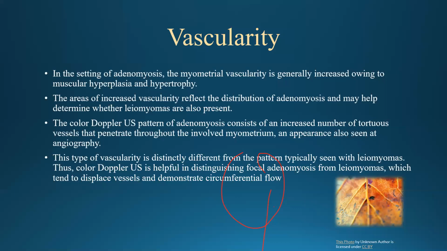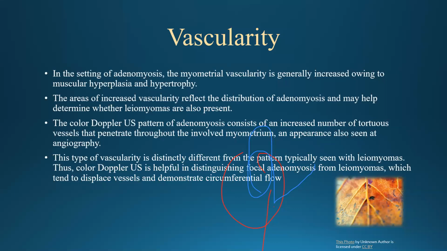It may help to determine whether leiomyoma are also present, because we know there are challenges in the combination of adenomyosis sometimes with fibroids or leiomyoma. It's very important to differentiate the pattern of the vascularity between the leiomyoma and the adenomyosis, and to comment on whether this adenomyosis is associated with leiomyoma or not.